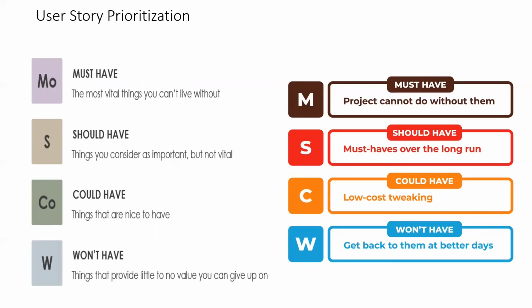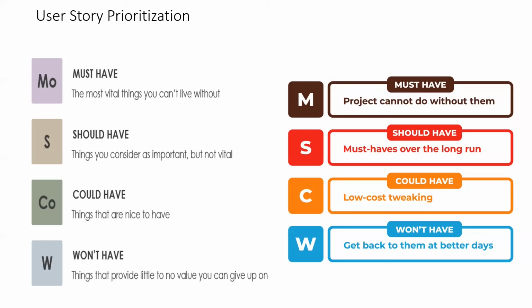While prioritizing the user stories, they are further divided into four categories, and the first one is must have. The most vital things you cannot live without, the project cannot be done without them, they are getting the highest priority. The second is should have, the things considered important but not vital, must have over a long run.